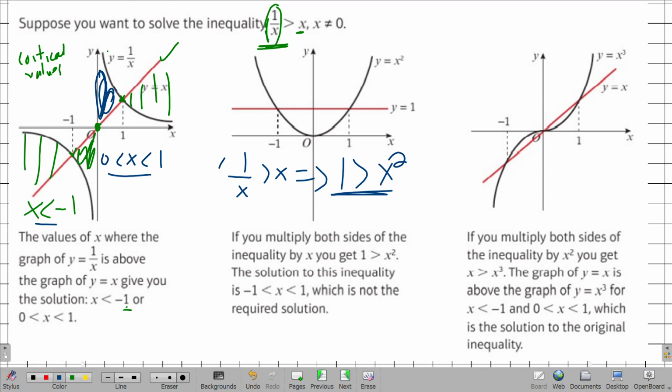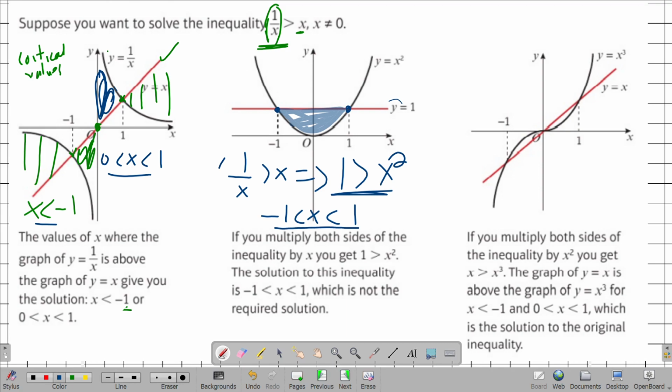And if we interpret this, this is the graph x squared, and this is the line y is equal to 1. So the critical points are between -1 and 1. And the part at which 1 is greater than x squared is this one. And that's our answer, which is from -1 less than x less than 1.